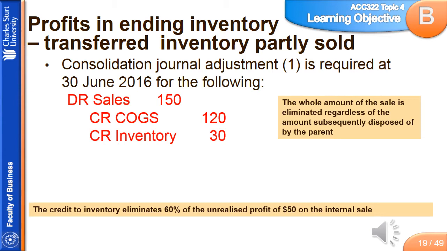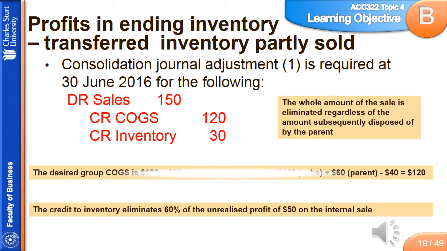However, to actually calculate what the COGS figure is, we would go the $100 if none of it was sold, plus the parent's portion of $60. The $60 is calculated by $150 times 40%. So that means within the parent and subsidiary's accounts they've got a total of $160 recorded for COGS.